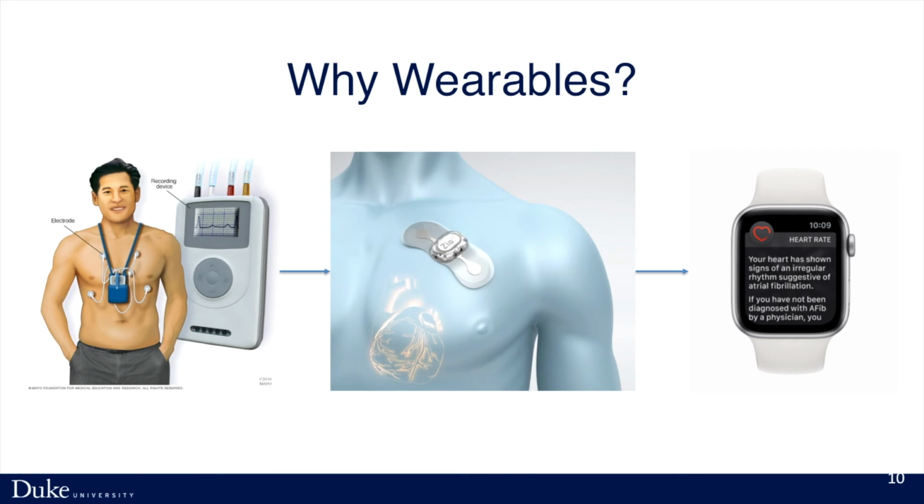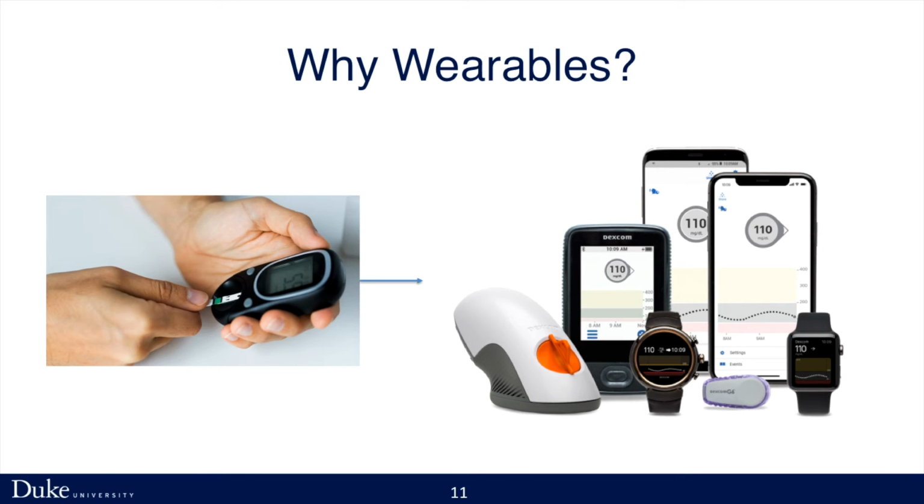And the same goes for devices that are used for people with particular types of diseases, for example, type 1 or type 2 diabetes, where individuals have to continuously monitor their glucose. And oftentimes what is used is a finger prick.